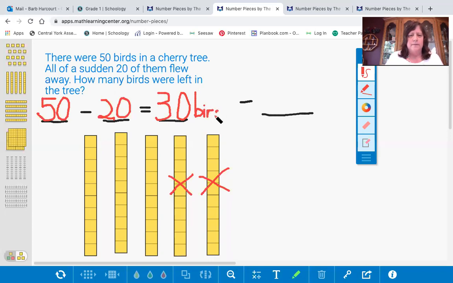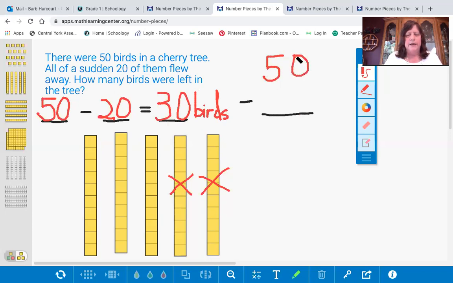Okay. And this is one way to write the equation. We can write it horizontally like this, or I put the lines over here to once again show the vertical problem. So we're starting with 50 at the top.